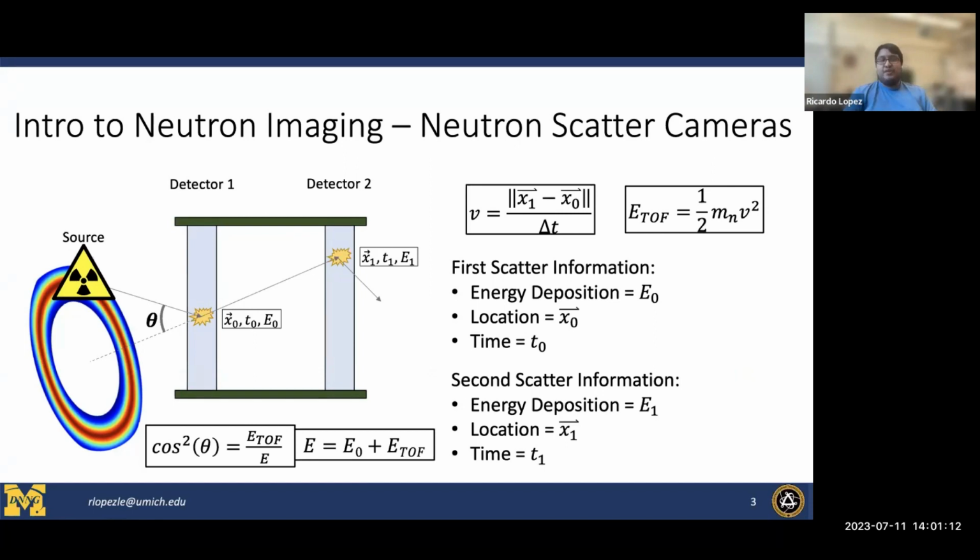If you're off in your position, because of how fast the neutrons are traveling, that significantly impacts the energy you end up calculating, because you may end up calculating it as having traveled a lot shorter or a lot farther. A lot is relative in this case; it would be a couple of millimeters. So even being off on the distance by a bit could significantly impact how much energy you think the neutron actually had.